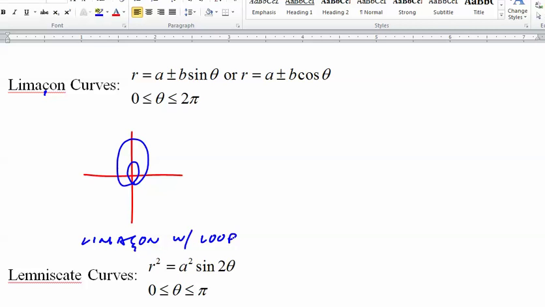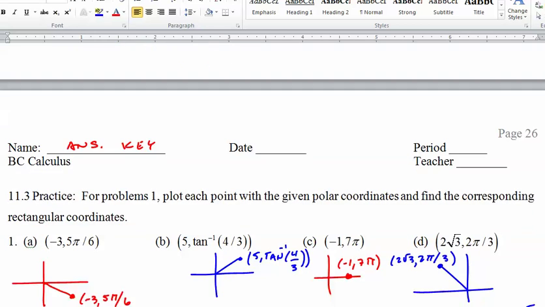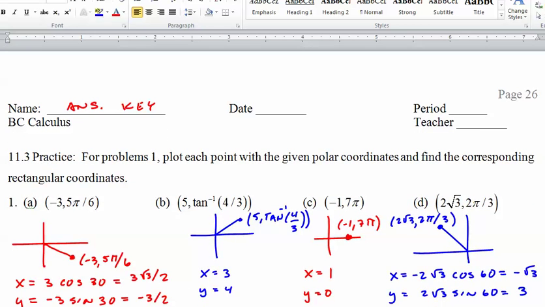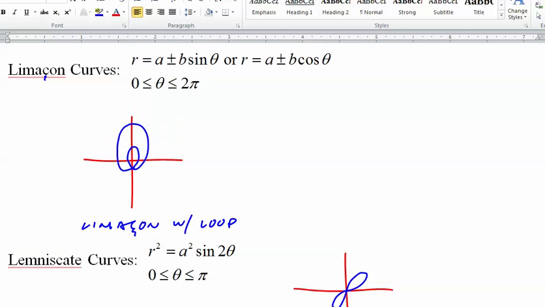And I've shown you some of the other ones; I'm not going to go into them. There's dimpled, there's convex, there's cardioid, and then lemniscate. A little trouble with the pronunciation. It's a little figure 8 curve. It can be up here, it could be here, and so on and so on. So you have to get used to all of these.